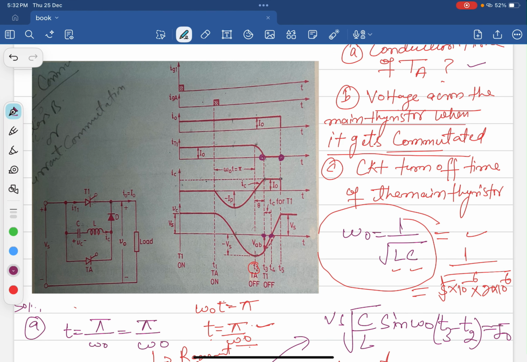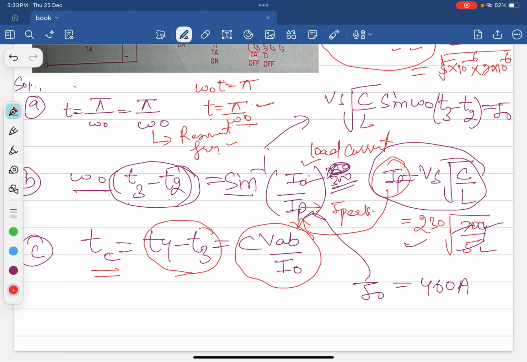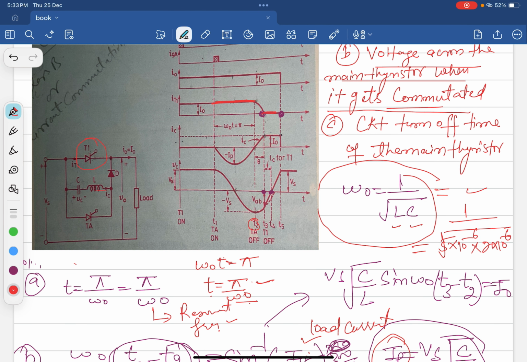This is the solved example. You can see the auxiliary thyristor conduction and turn off time is very large. You can see this is the time period, but when it comes to the turn off of the main thyristor T1, you can see it turns off at T4 minus T3, very fast.